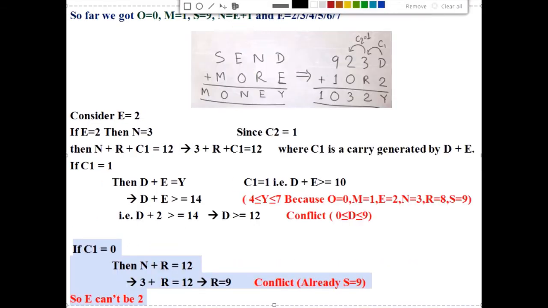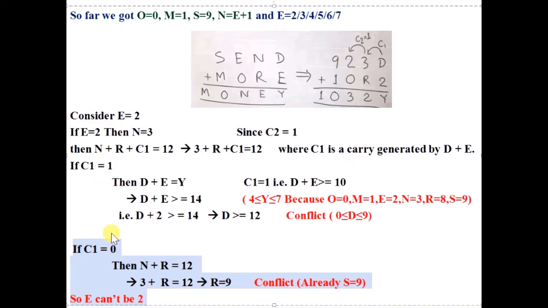Now we have a new constraint, N equals E plus 1. What will be the value of E? First we'll consider E equals 2. If E equals 2, then N equals E plus 1, that is 3. N plus R plus C1 equals 12 because C2 equals 1. So 3 plus R plus C1 equals 12.